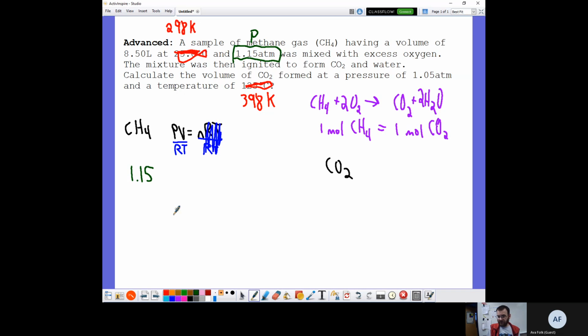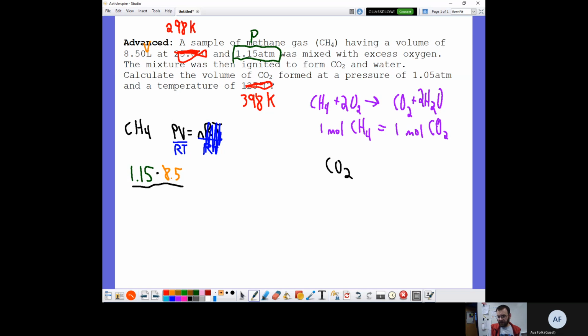Now I'm not going to worry about units right now because if I have atm, Kelvin, and liters, then I'm going to get moles because of my R. Remember, if we stick to liters, Kelvin, moles, and atm, we'll be fine. As long as I stick to what I've got, I should be fine. Okay, and then I've got my V, my volume over here of 8.5.